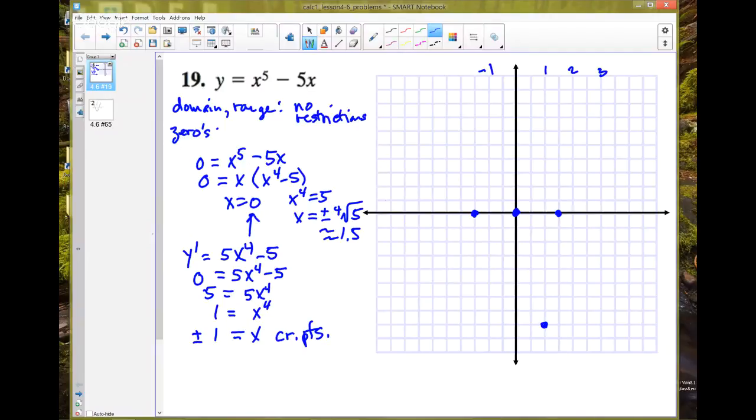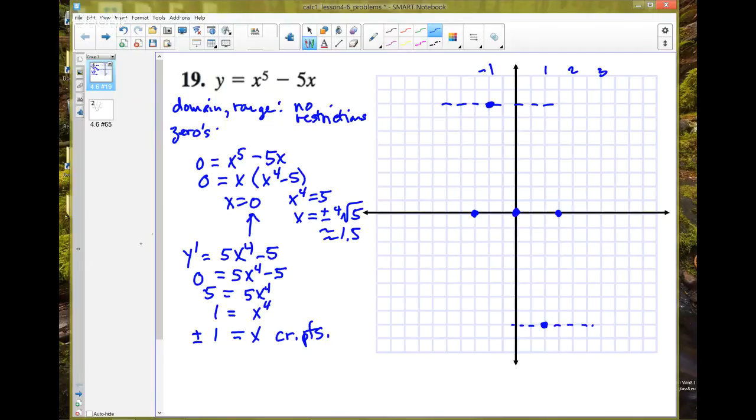So we've got that point, and because it's a critical point, there's a horizontal tangent line there. Likewise, when x is negative 1, you find it's positive 4. So there we also have a horizontal tangent. We can kind of see what's going on already.